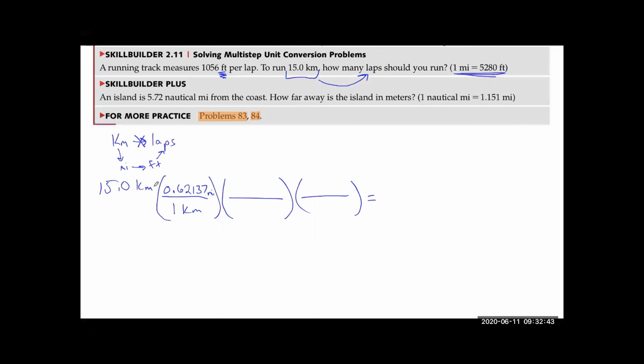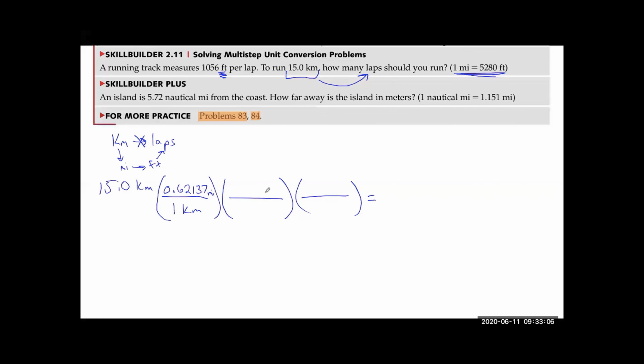So notice what's happening. You're using this first conversion factor to go from the metric system into the English system, the empirical system. There's a couple of phrases for it. And then once you're in that environment, then I can use the miles and feet here to do the next conversion. It's really converting that long distance to the shorter distance.